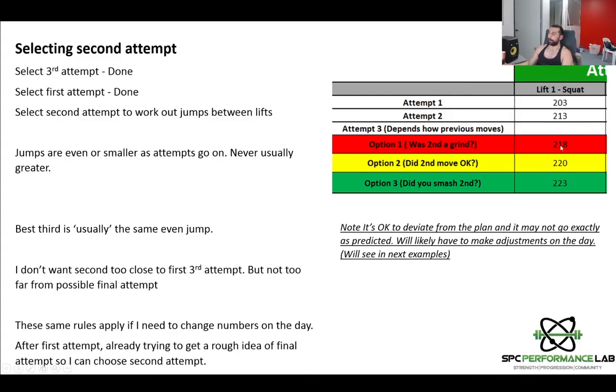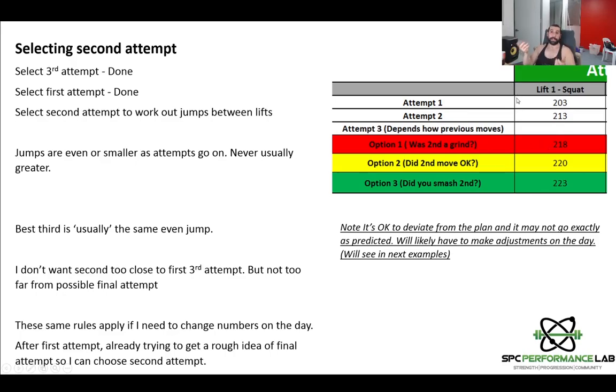Because if I'm going to put that as a 216, I don't want my second attempt to be too close to my third attempt, because that might be quite tiring and it might cause them to miss their third attempt. So I would probably drop my second attempt to make it a little bit easier to go for that predicted third attempt, based off what their first attempt is.